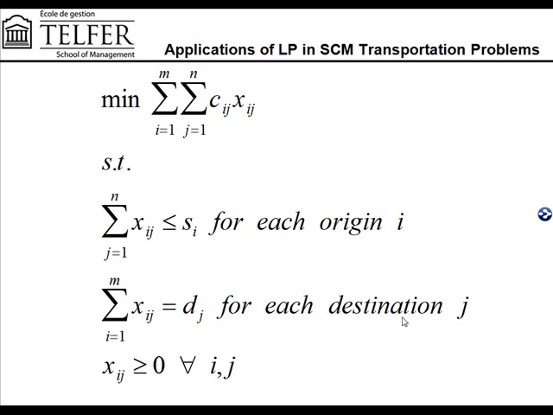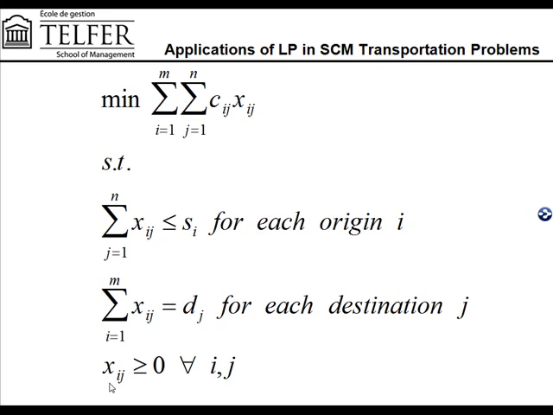For each destination, which is your second constraint for your demand points, each of those destinations has a particular demand or requirement, which we denote as d sub j. So everything that's going into j, from all of the i's into that particular demand point j, take the sum of all the flows into that demand point, and that should be equal to the demand for that demand point.